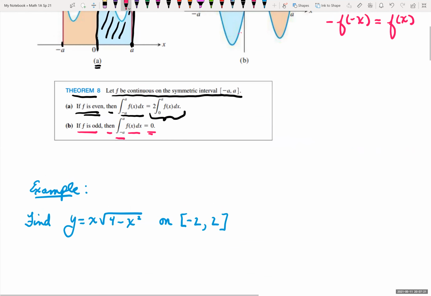We're going to find the integral of y equals x times the square root of 4 minus x squared on the interval from negative 2 to 2. Okay, so we're going to find the definite integral.